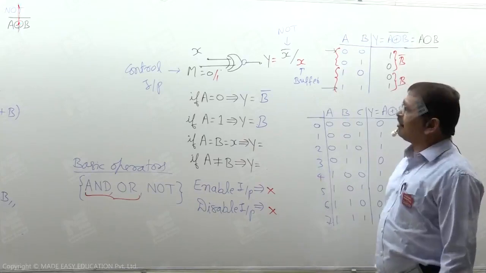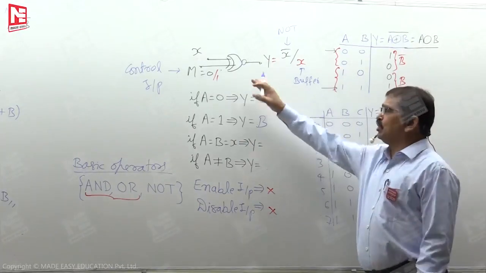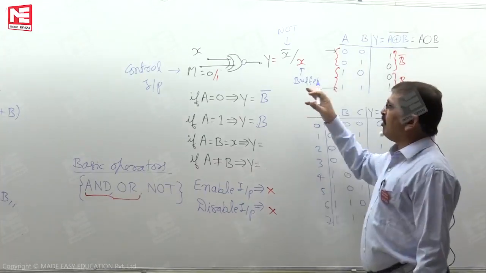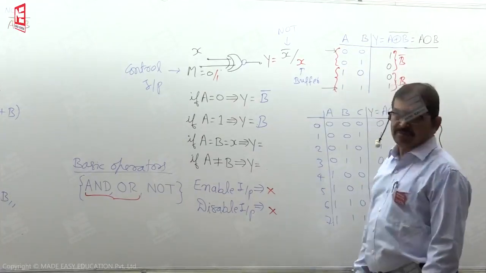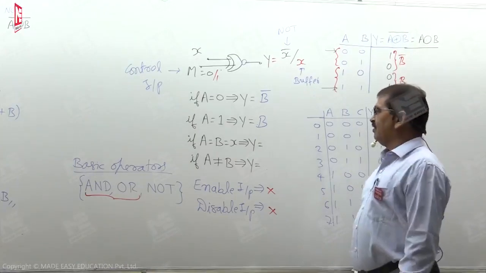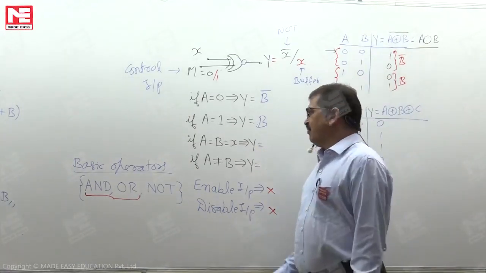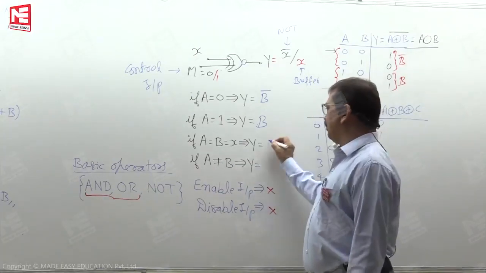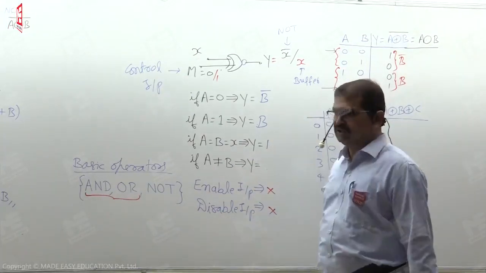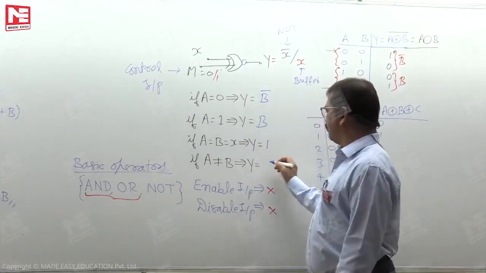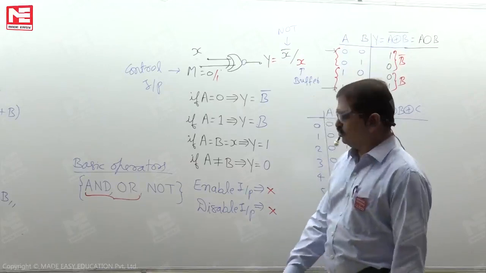So we have inverter operation, NOT gate operation, with this exclusive NOR gate whenever M is 0, and we have the buffer operation whenever M is 1. And coming to the other two cases, whenever A and B are both connected to the same Boolean variable, from the first and last row it is 1. Whenever both are not connected to the same input, look at the middle two rows, it is 0.